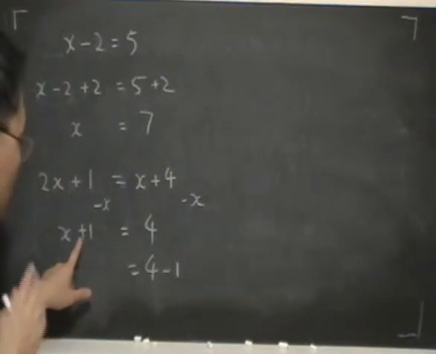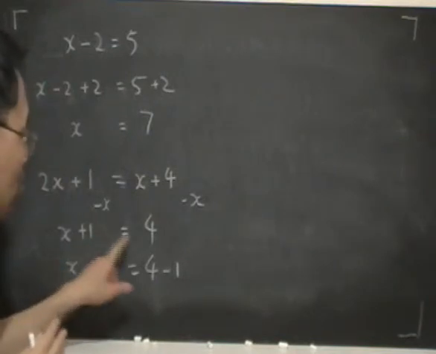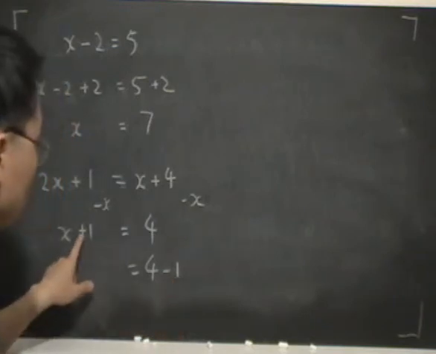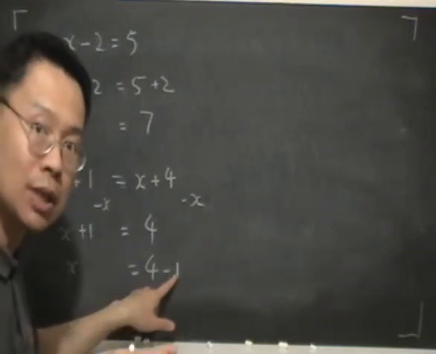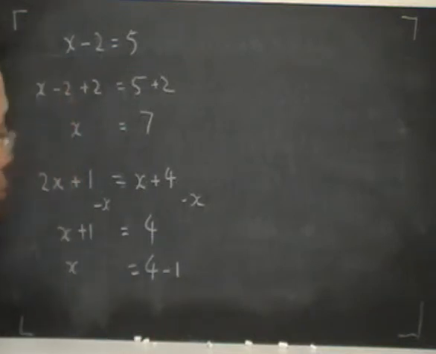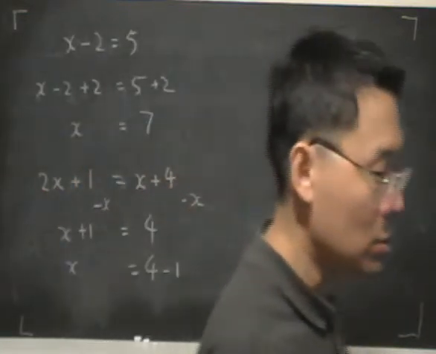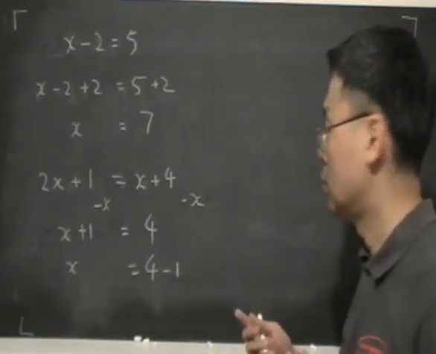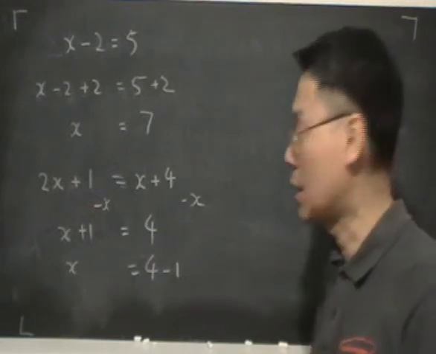So it is as if the plus 1 on the left side has moved over to the right side and changed sign. So this idea is often used as a rule or as a method in algebra.